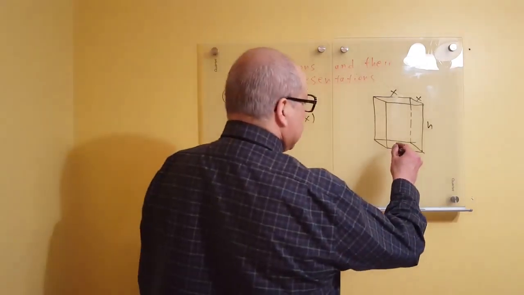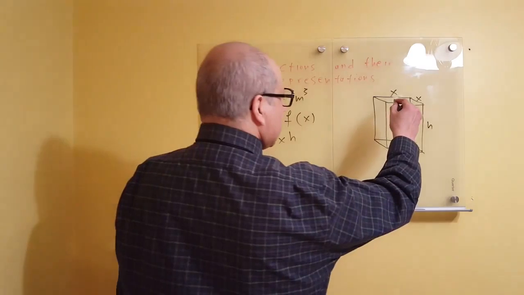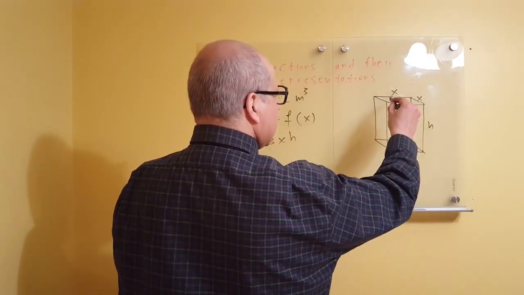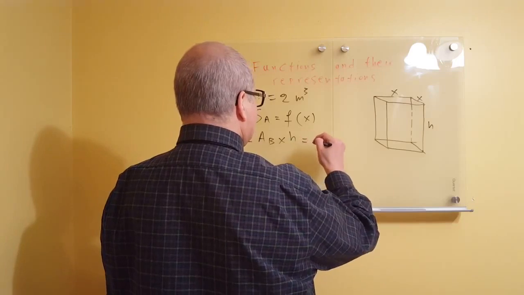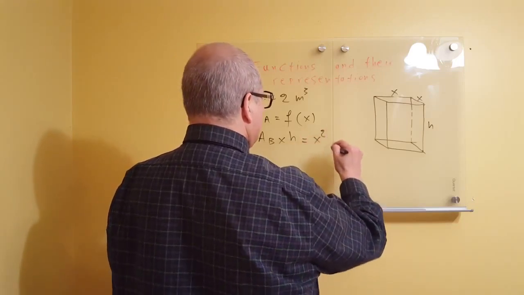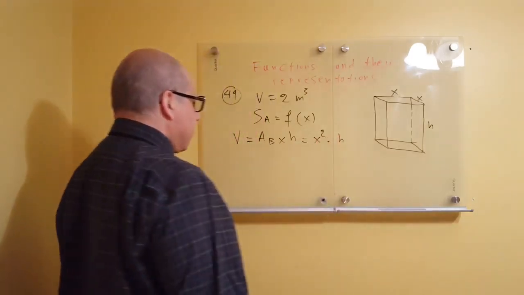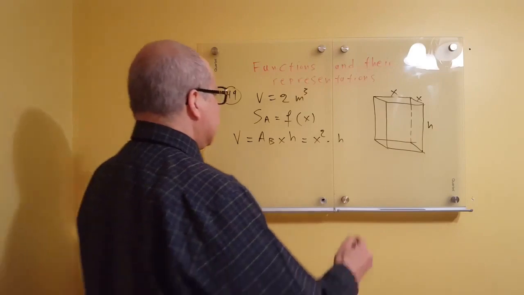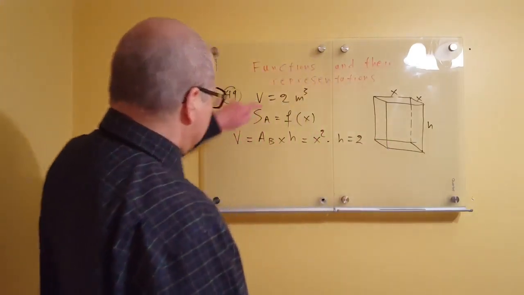Here the base is this and this, and the base is a square. As we know, the area of the square is x squared, times the height, and we know that this is equal to 2. And we know it from here.